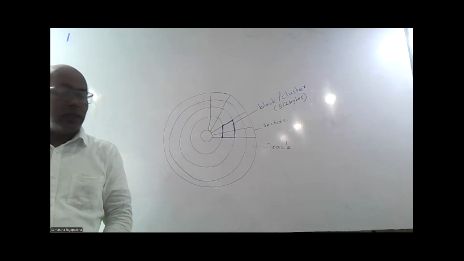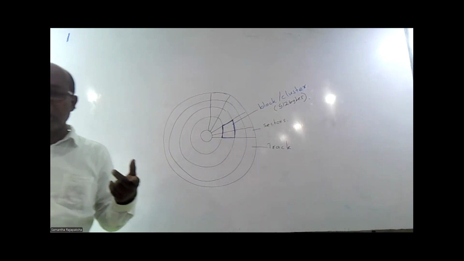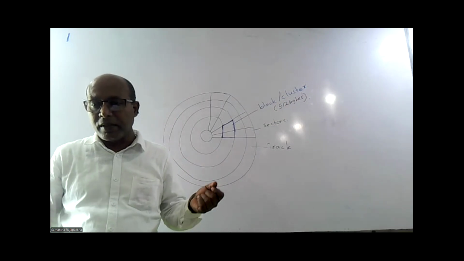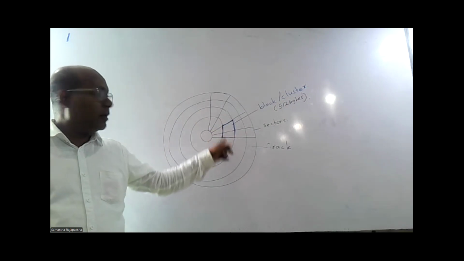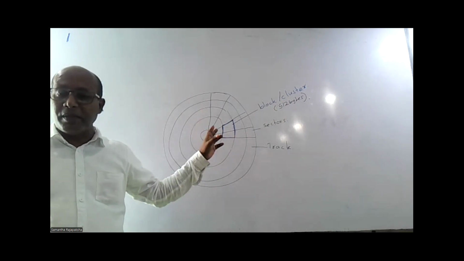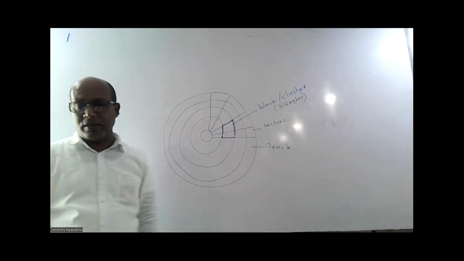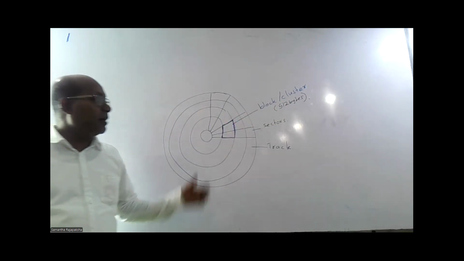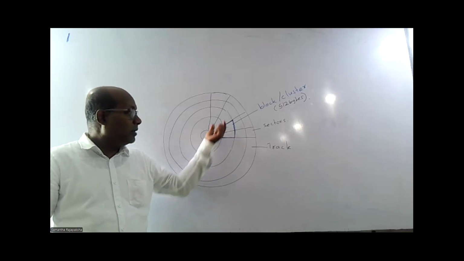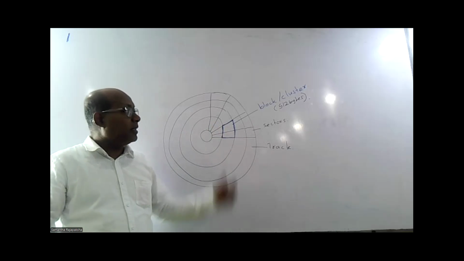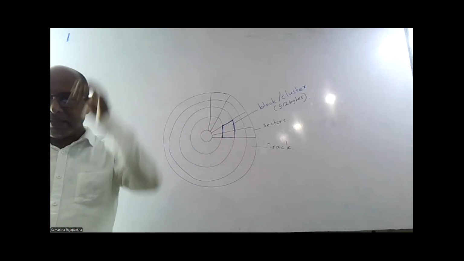So we divide the concentric circles, we call them tracks, and we divide into segments we call sectors. Once you combine multiple sectors together, we call them a cluster or block. So in general, when you do the I/O operations with the hard disk, we work with the blocks. One block is 512 bytes.